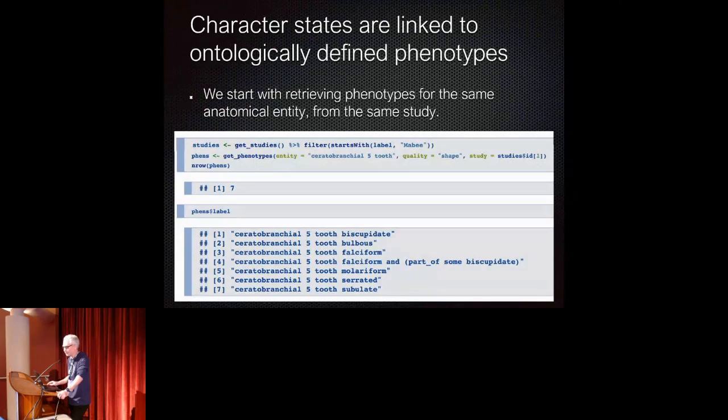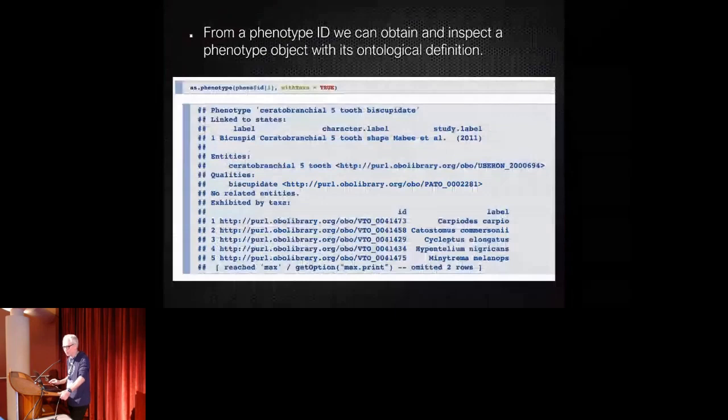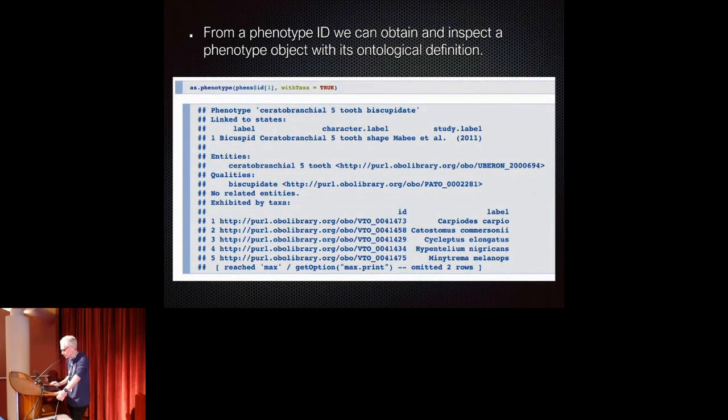That returns a data frame, which is one of the most common data structures in R, and we can look at some of the labels here that are human readable, right? I'm not showing the IRIs, they're not really human intelligible, but more importantly, what I want to get to is that every one of these phenotypes, here I'm showing just one, I can turn into an object that has all the links to ontology terms, right?